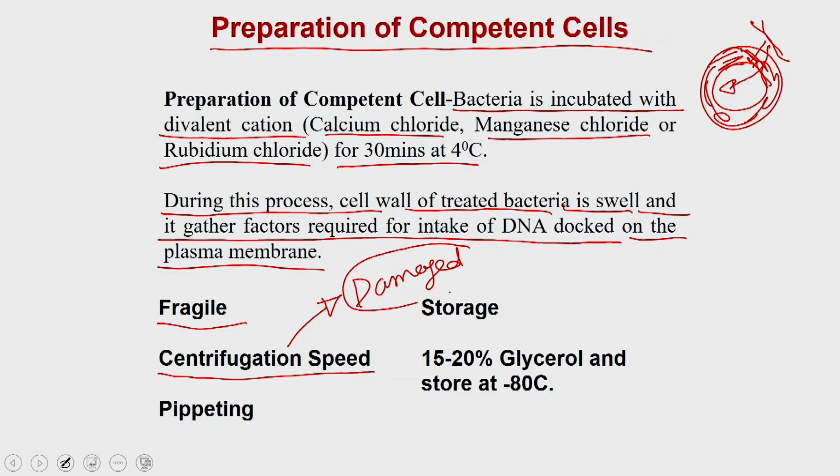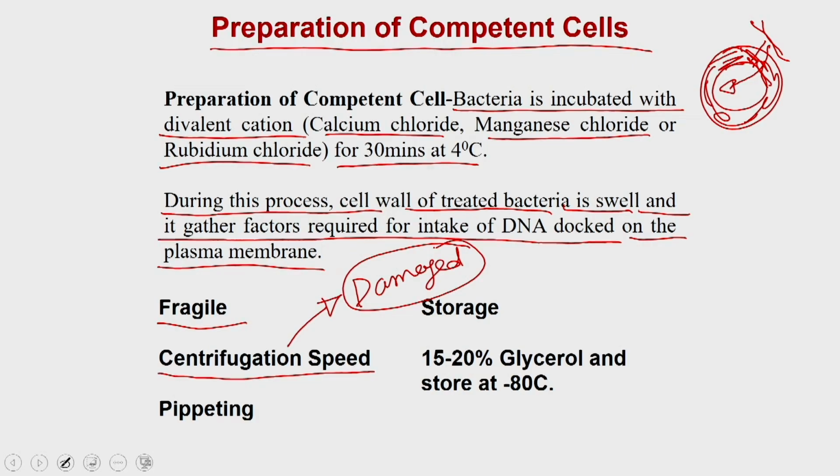The cell wall is already swollen. So, the protection which the cell wall provides for the bacteria to withstand different types of shear stress and harsh treatment is already gone, or it has swelled.